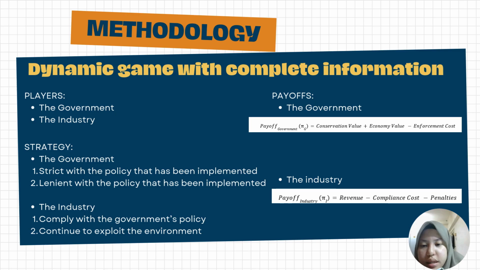Both players have two strategies. The government can choose to be strict or lenient with their policy, while the industry can choose to comply or to exploit the environment. The payoff for the government and the industry uses the formula as stated in the slide.